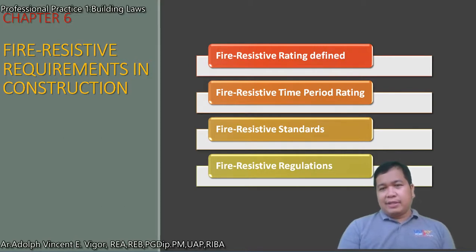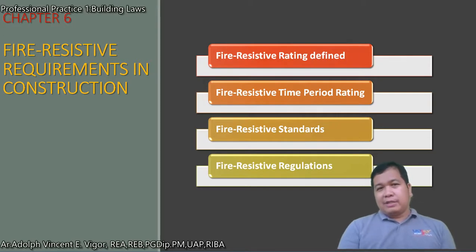Okay. So one thing, class, is that when you make firewalls, what is the purpose of firewalls? Okay. When you make firewalls, the firewall is important not just to separate the property of your client from the adjoining property, but it also serves as a barrier during fires to delay the fire from transferring to the other property.